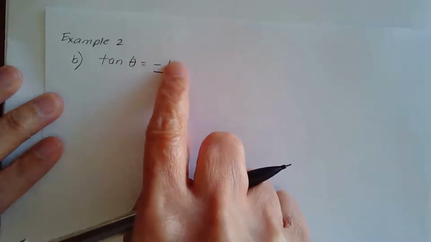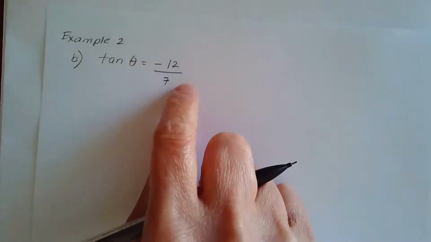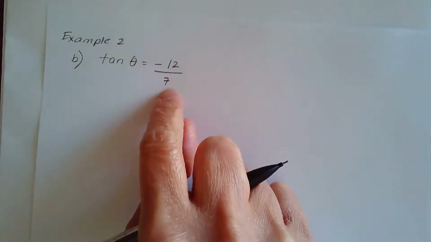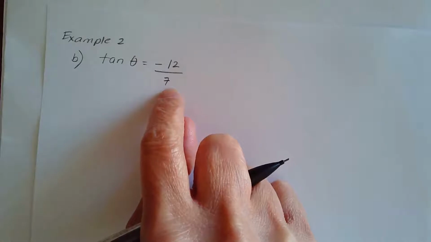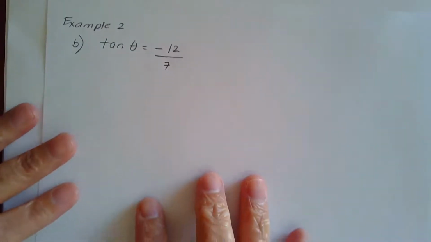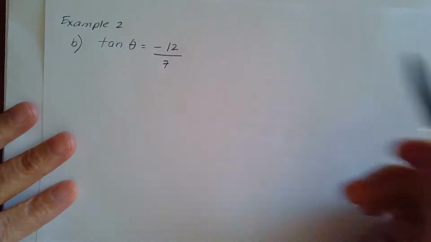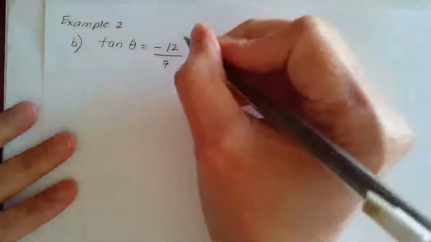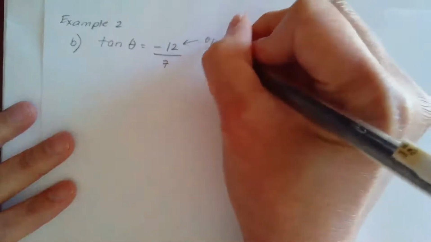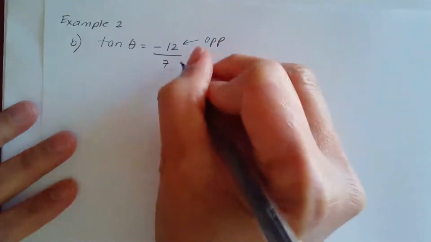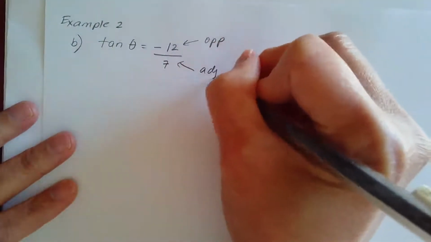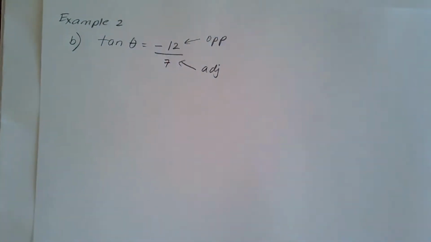I'm just going to put the negative in the numerator, and the 7 is a positive. Okay, so what does that mean? What do we know about tangent? Tangent is opposite over adjacent.